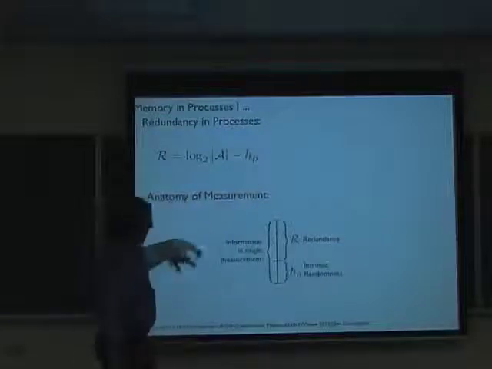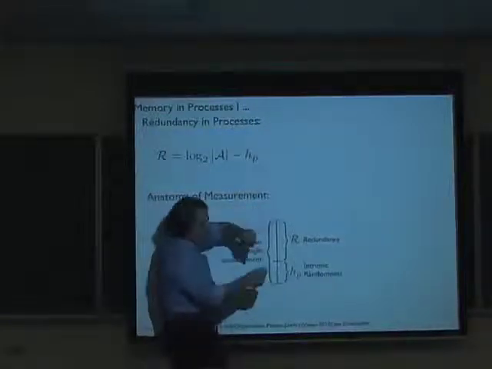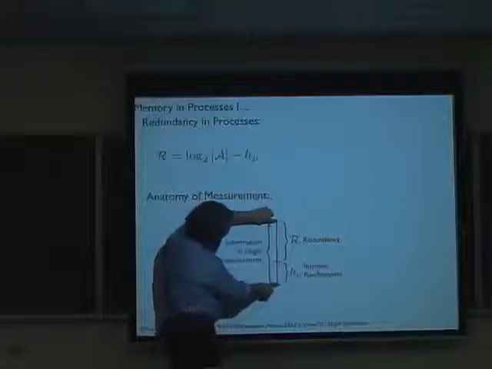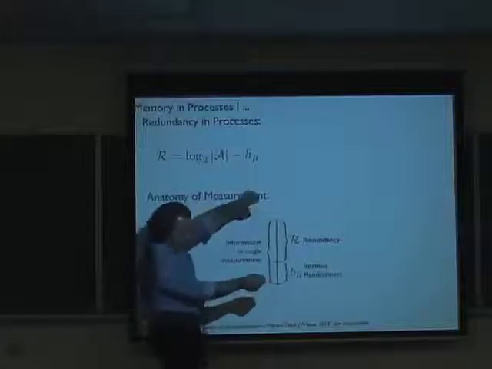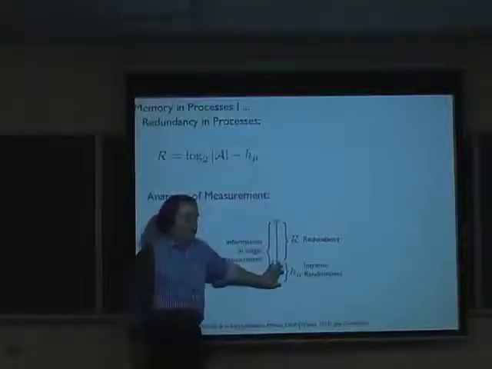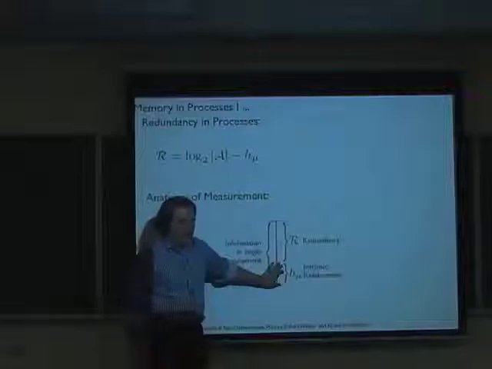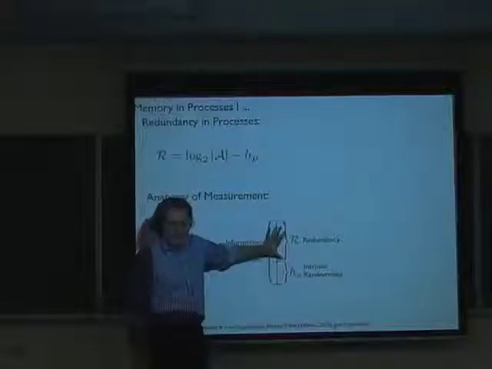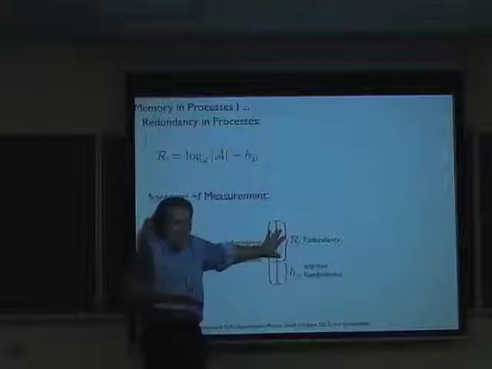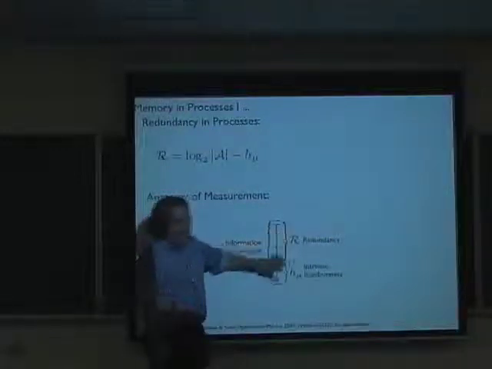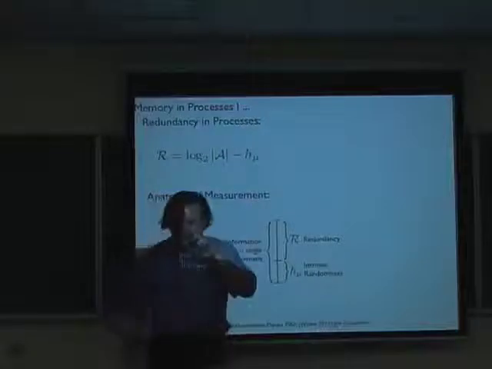Again, if I bought 1 bit of storage, I have to put it somewhere. Of that 1 bit I just stored, some piece is the intrinsic randomness of the process, and what's left over is, in this case, wasted storage, or redundancy. To the extent there is redundancy, you should be able to extract it by a clever encoding, and therefore encode the process into something that looks more and more like a fair coin.